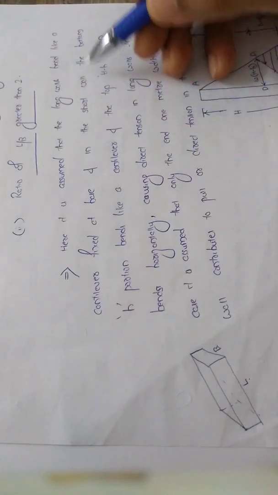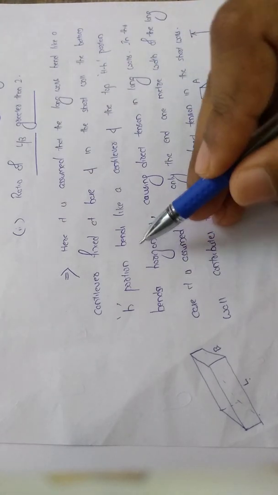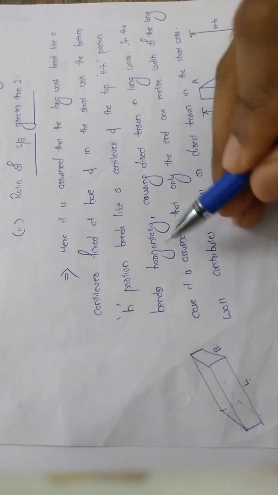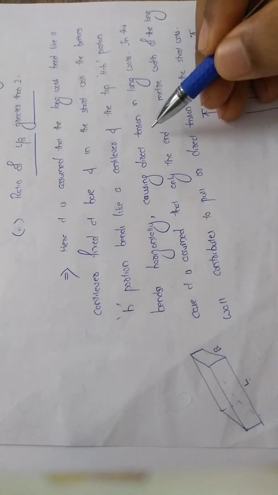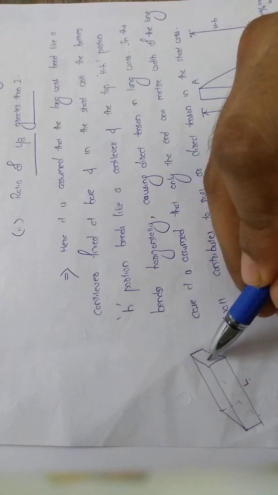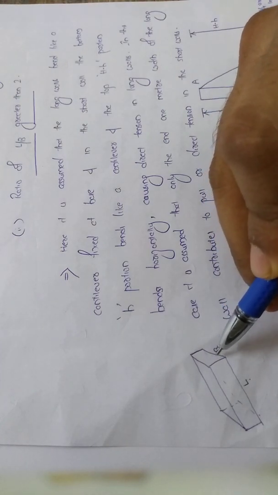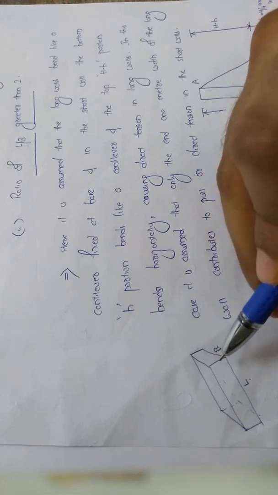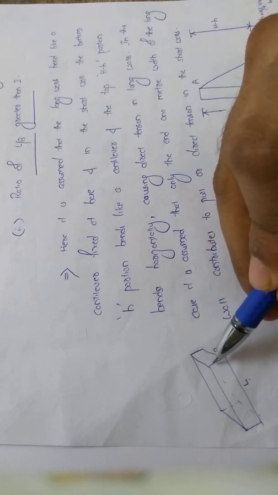And in the short wall, the bottom portion bends like a cantilever and the top H minus h portion bends horizontally, causing direct tension in the long walls. So in the case of the short wall, there will be both horizontal bending and vertical bending, and due to this horizontal bending, it will exert some axial pull in the long walls also.